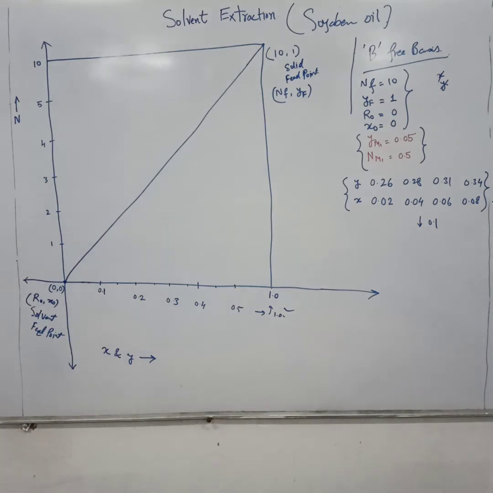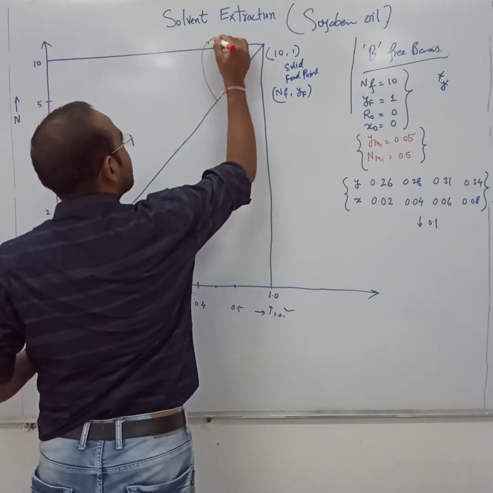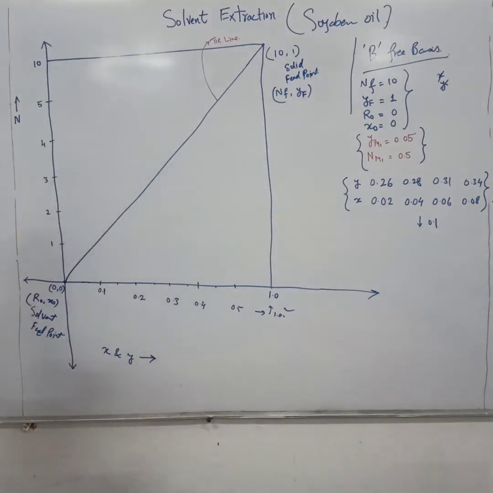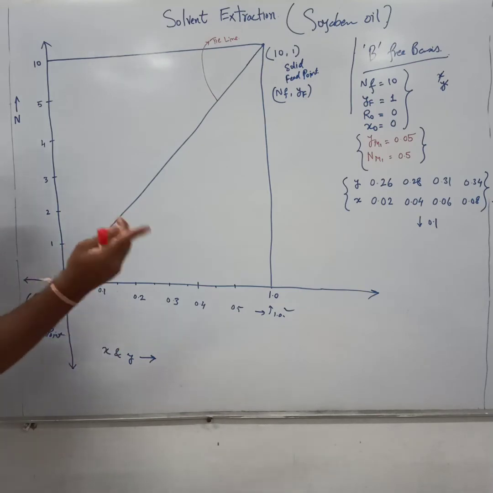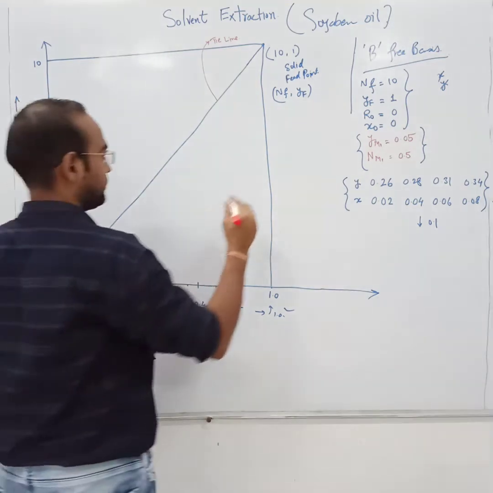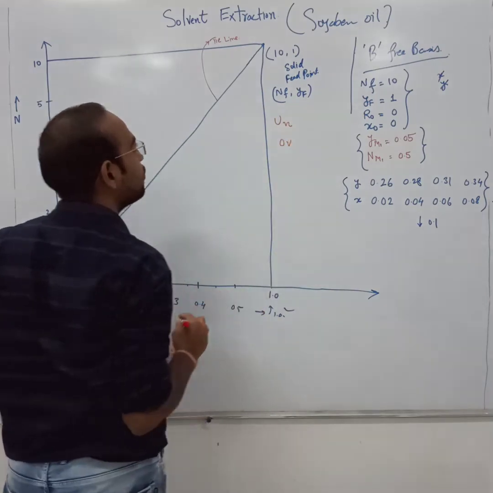So this is the basic thing of your graphical calculation, and this is your tie line. What does it exactly represent? The tie line shows the concentration of oil in solvent, that is the concentration of the mixture, solvent plus oil, in underflow and overflow both.